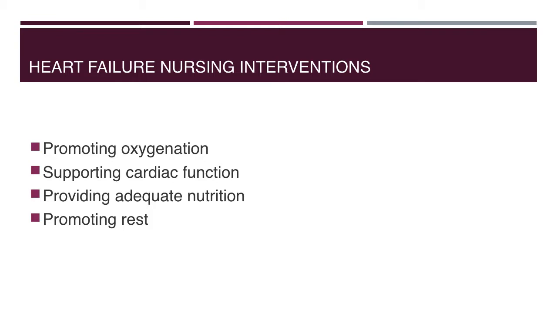And we want to support cardiac function. So we do that by reducing their preload. So we may give them diuretics. Normally, we will give them Lasix or furosemide. And just remember, though, that if we're having to give them furosemide, it is a potassium wasting diuretic.